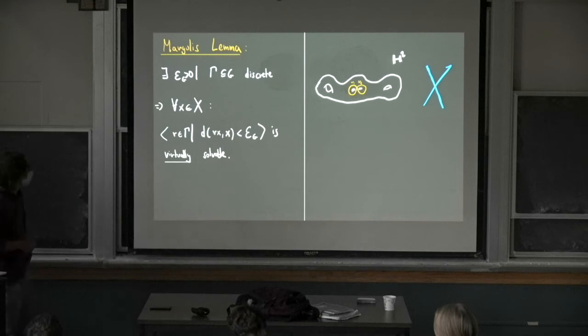Okay, virtually solvable means there is a subgroup of finite index that is solvable, which I always think of as abelian, in my experience.